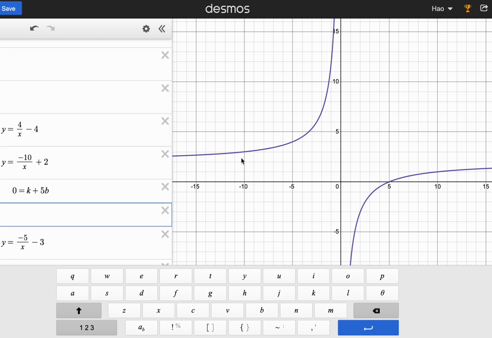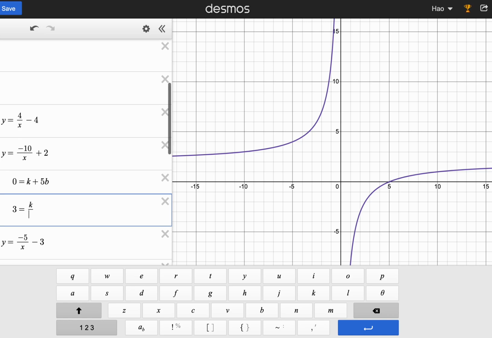And the other one is (-10, 3), so 3 equals k divided by -10, plus b, right?